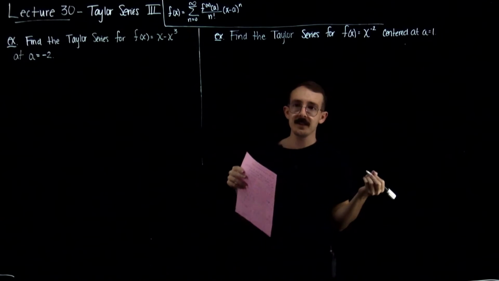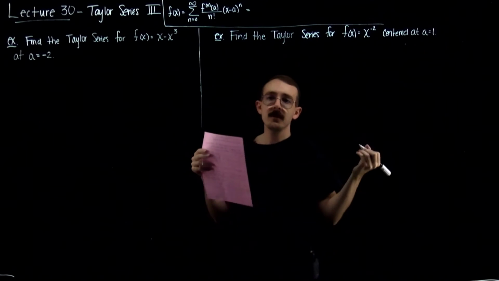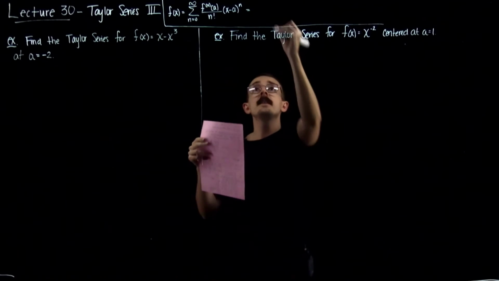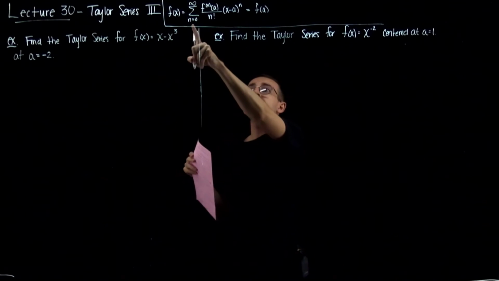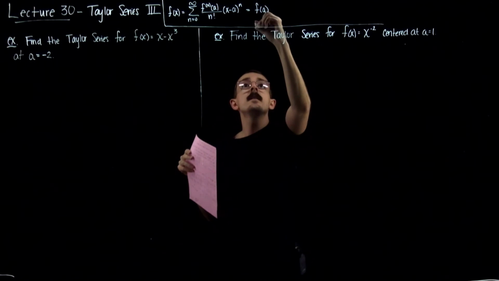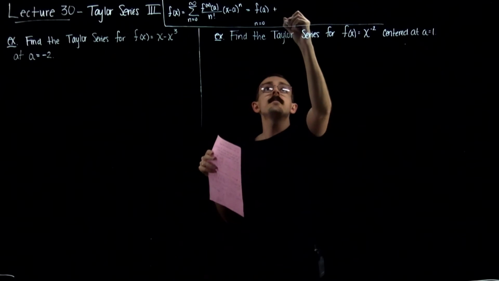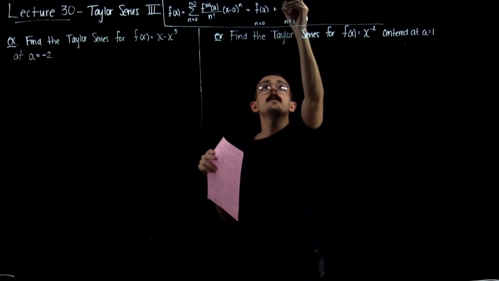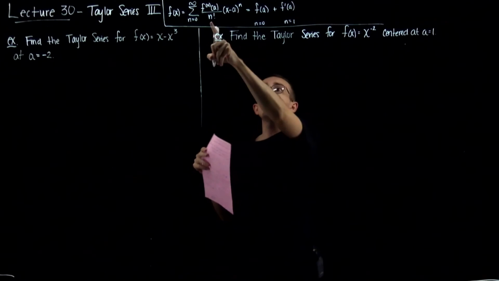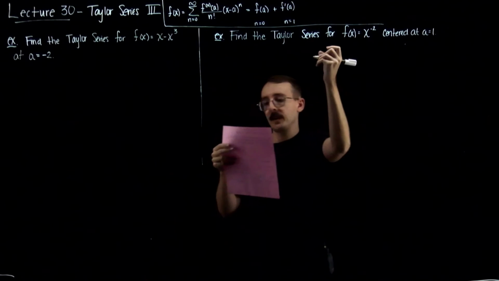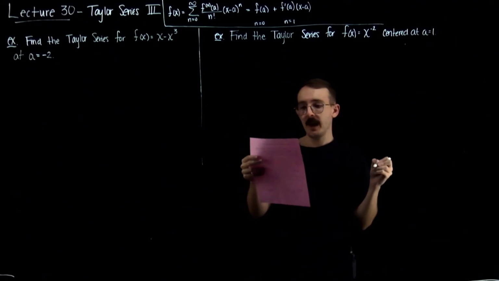We call a the center, like I just said, and if you do the first few terms, this expands into the function at a. If you plug in n equals 0, you get f of a. If you plug in n equals 1, you get f prime of a over 1 factorial, which is just 1, times x minus a to the first power.